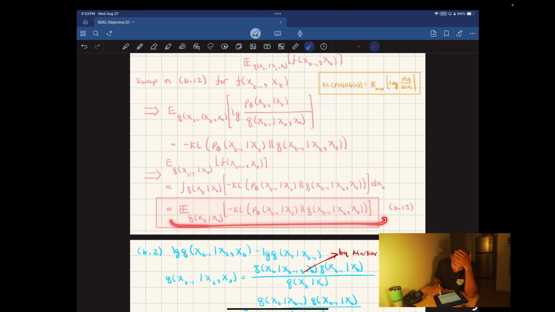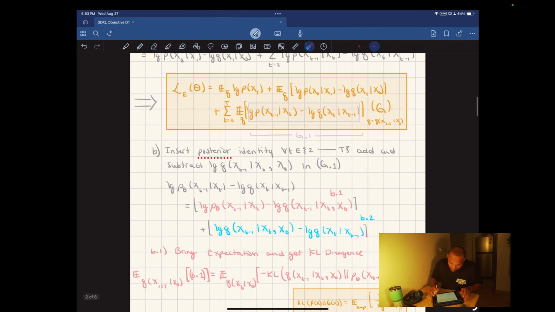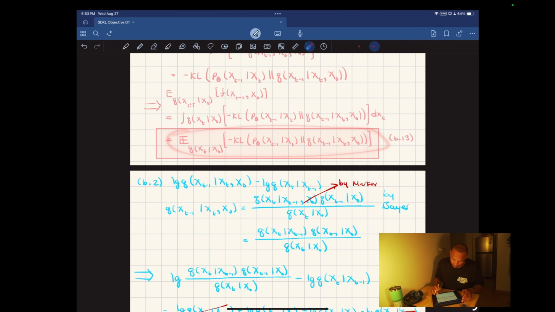So this expectation under Q of all of this, we expand the inside, we expand these logs, we add the identity and expand it. And then if we take just the expectation under Q of this, that whole thing, including the expectation under Q, turns into this.